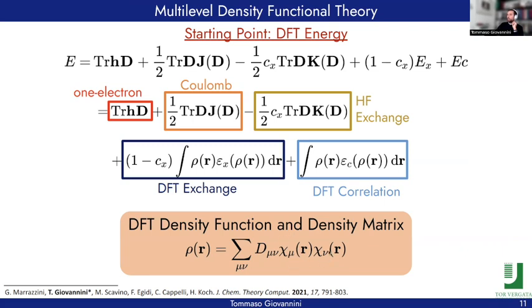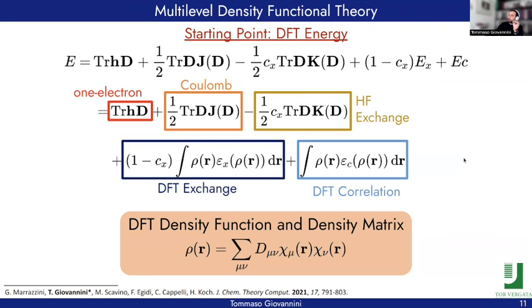These are the atomic orbitals, okay, and D mu nu is nothing less than the coefficient for the expansion in the basis of the atomic orbitals. And this is the so-called density matrix. And then the DFT energy can be written in terms of one electron, Coulomb term, DFT exchange and correlation energies, and if you are in a global hybrid framework, you can have also Hartree-Fock exchange.